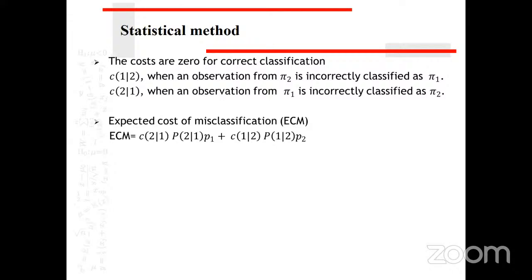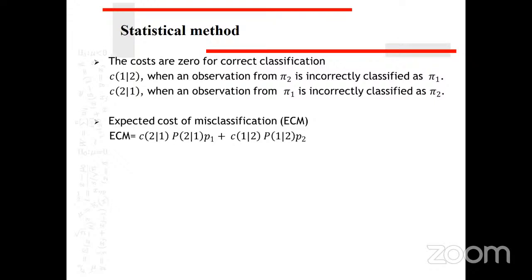Then there will be cost calculation of misclassification. So there will be zero cost if they are classified correctly, but if they are incorrectly classified, there is C(1|2), when an observation from population 2 is incorrectly classified into population 1, and C(2|1), when an observation is incorrectly classified into population 2 when it originally belongs to population 1. Then the expected cost of misclassification can be calculated, and that is just multiplying their probabilities and summing them.